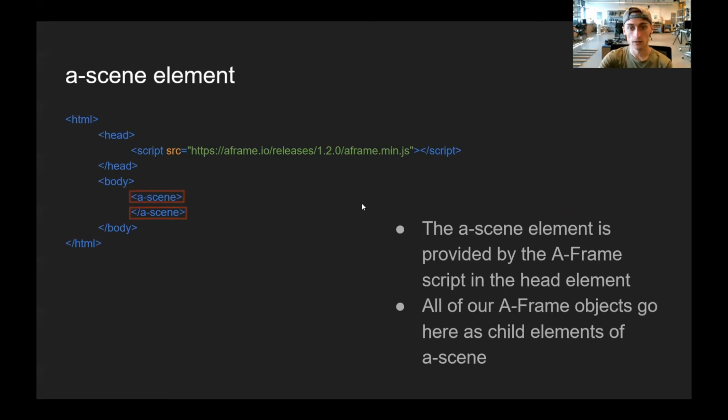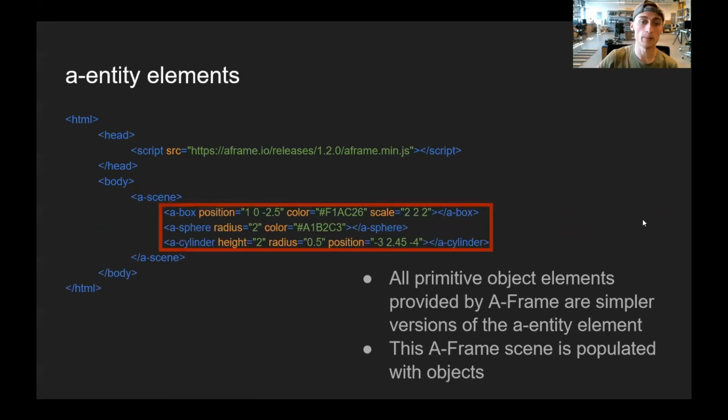And I think in this next slide, yes. I provided a few examples here. I added a box, a sphere, and a cylinder, and these are all examples of A-frame A entity elements. Essentially, all A-frame primitive objects like a box, a sphere, a cylinder, are simpler versions of A entity.